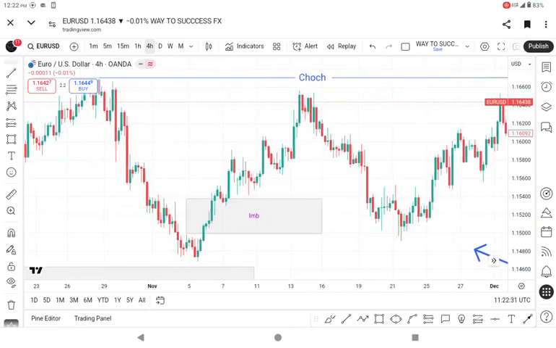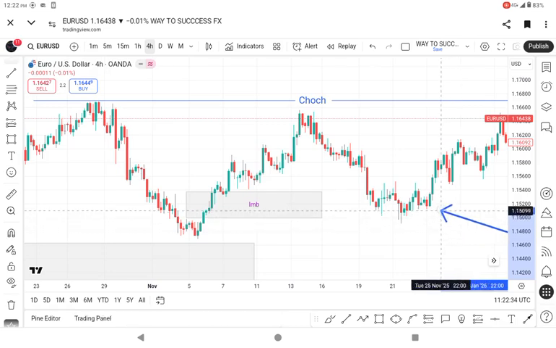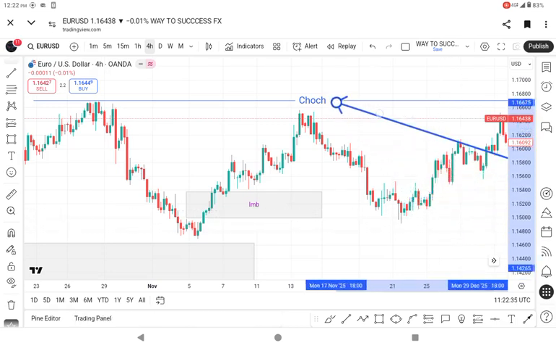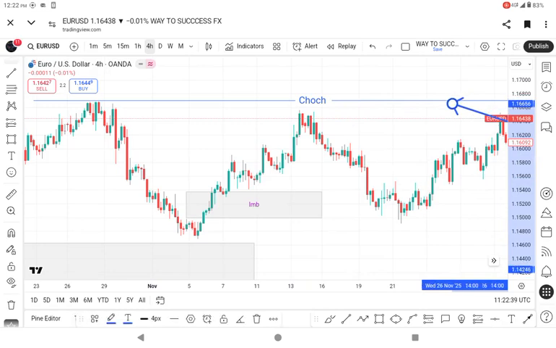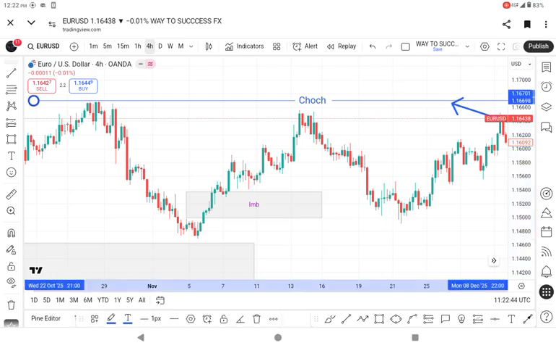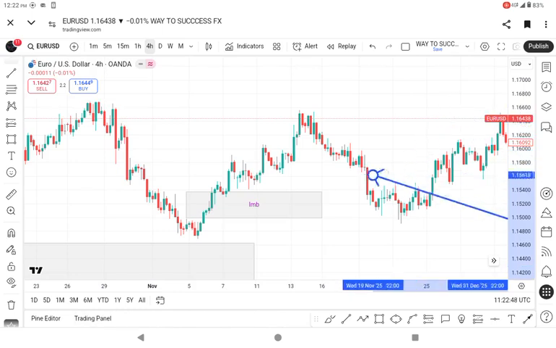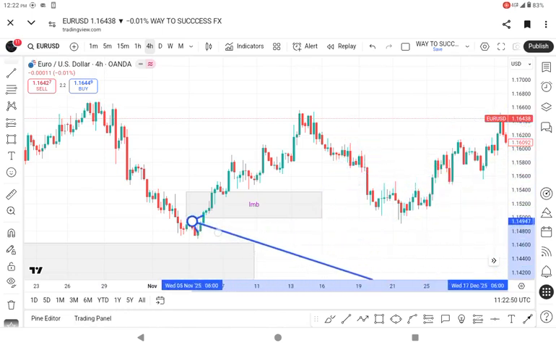What I have in H4 now is a change of character level in daily. Already I've marked this out. If I remove this now, what do I have? Already analyzed that price is reacting from the daily level here.